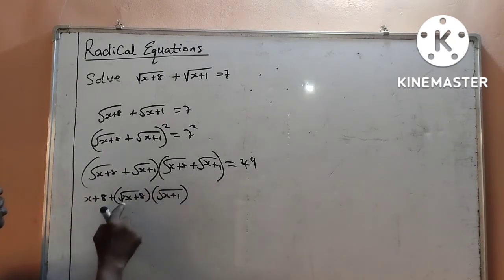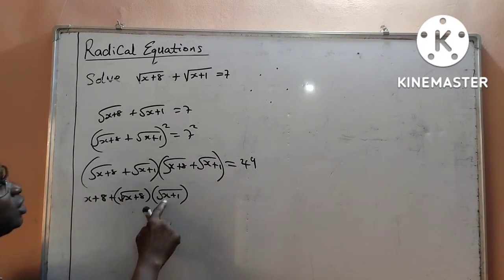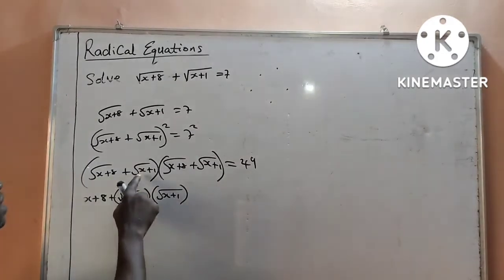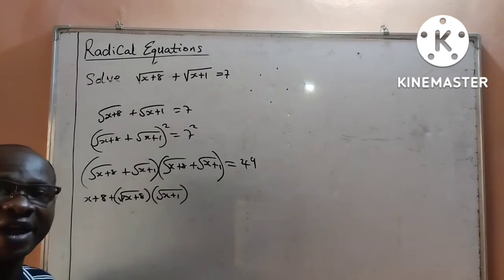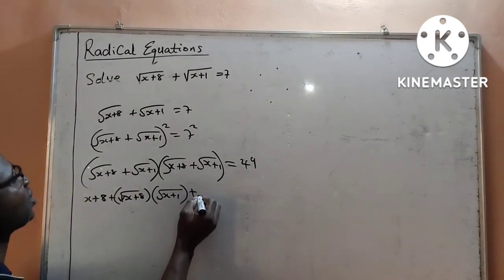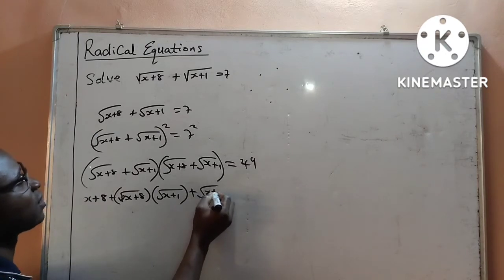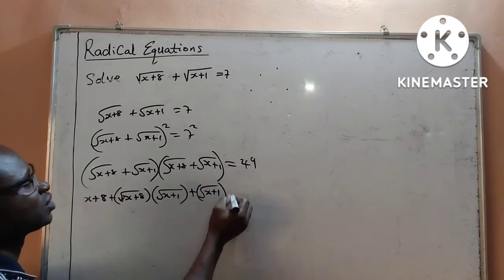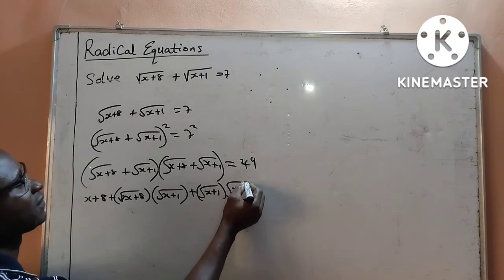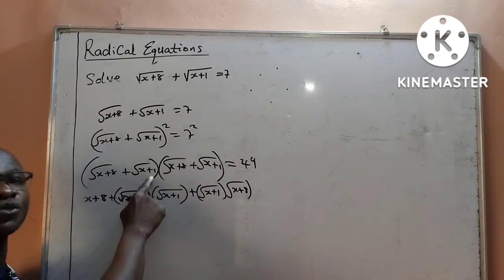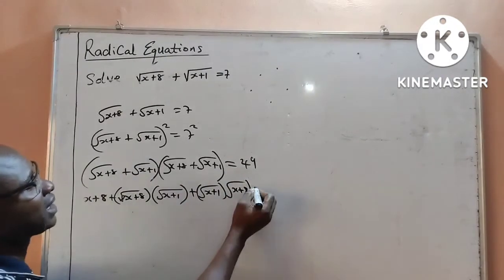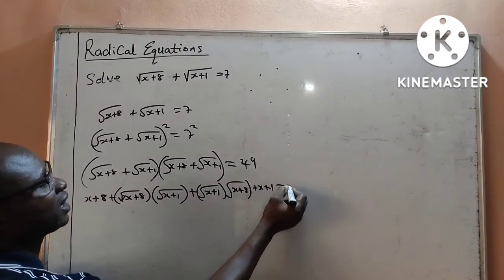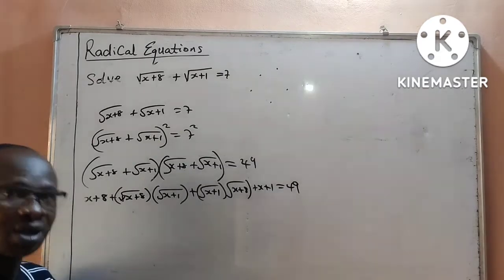I got √(x+8) into √(x+1). Then, I will now use again √(x+1) to multiply √(x+8), and it is also going to give me √(x+1) times √(x+8). Now, I will use √(x+1) to multiply √(x+1). That is going to give me x+1, everything equal to 49.